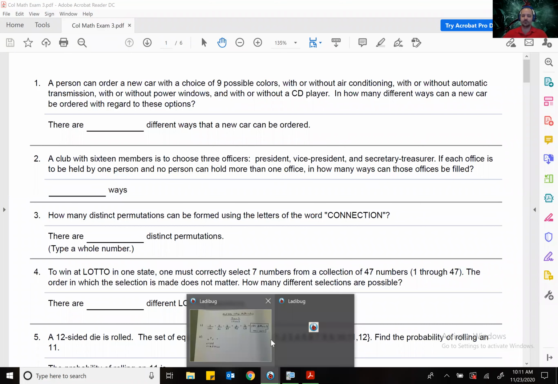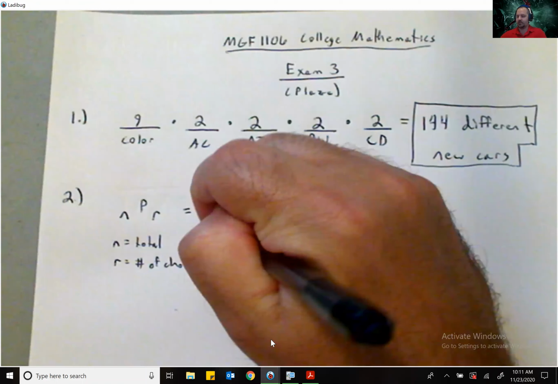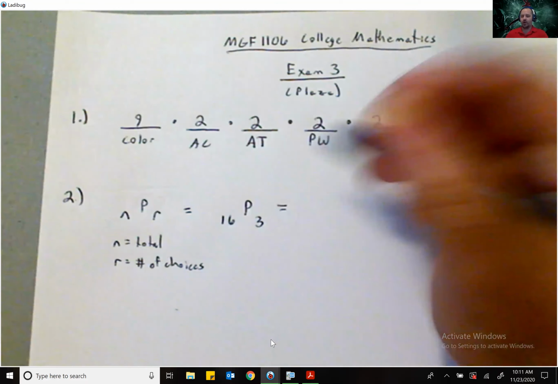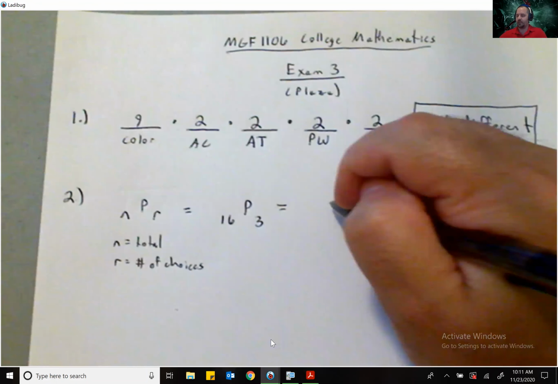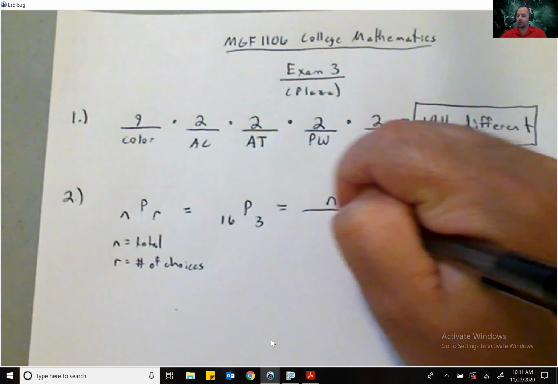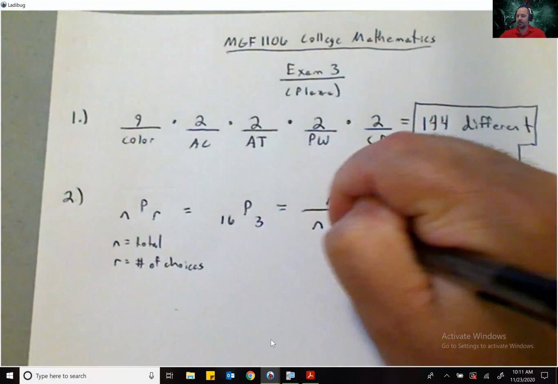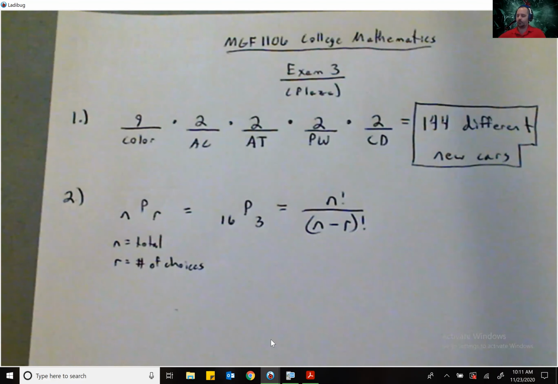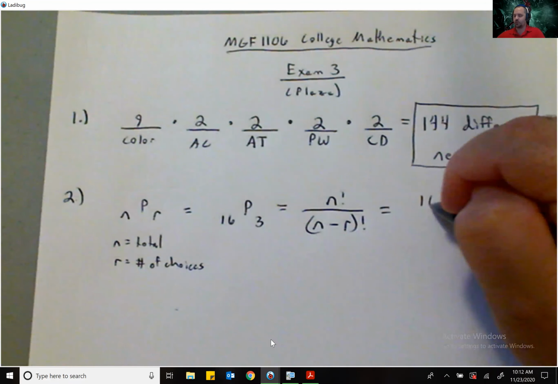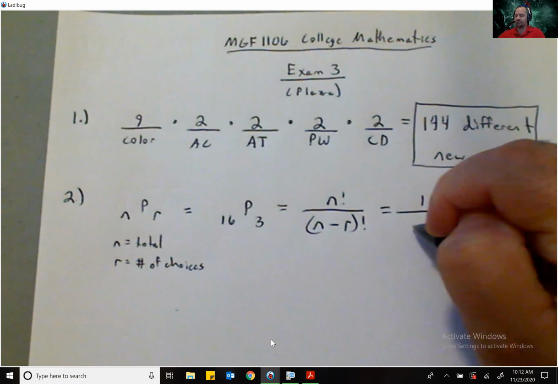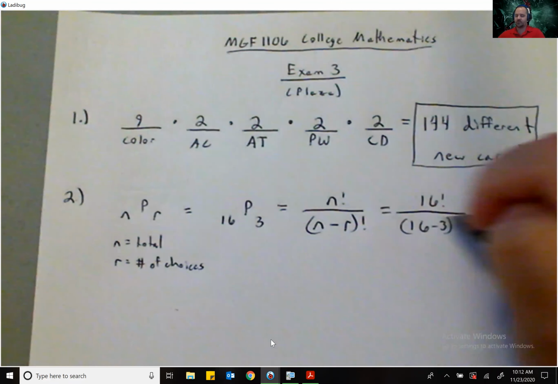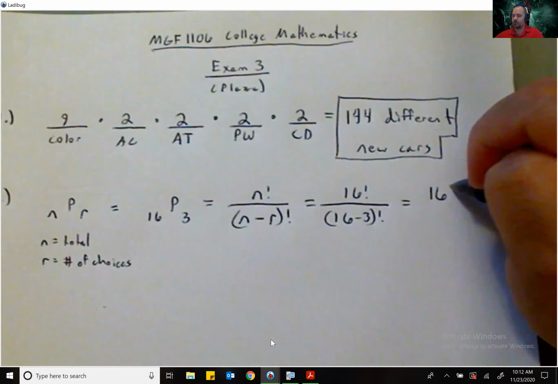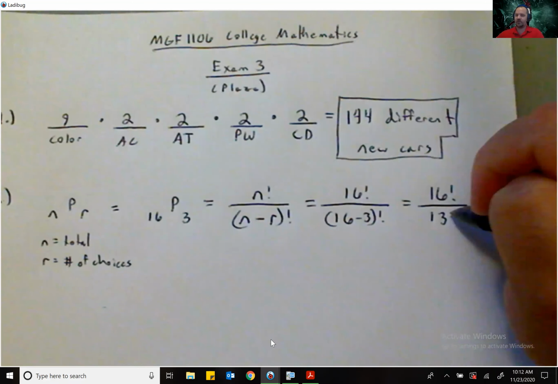So this is 16P3. Now, you can run the formula, which looks like this: n factorial all over n minus r in parentheses factorial. That would be 16 factorial on top all over 16 minus 3 factorial. In the end, that's 16 factorial all over 13 factorial.